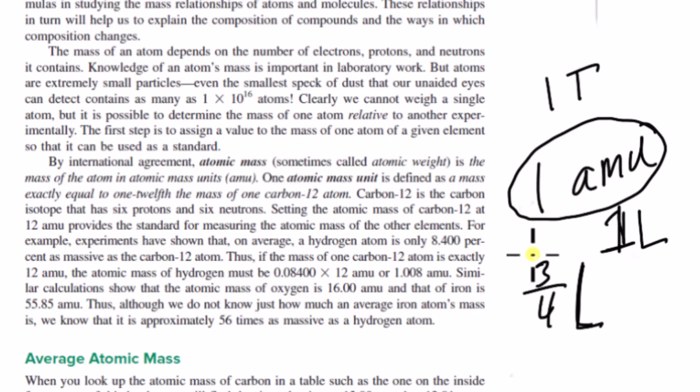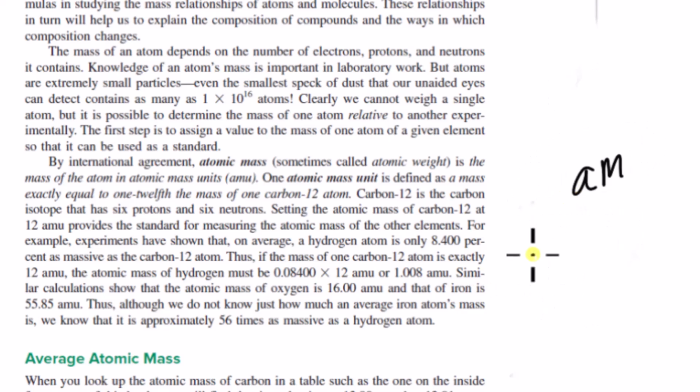Okay, so now it says here the unit for atomic masses by international agreement. Atomic mass is the mass of an atom, but we're really referring to any masses on that atomic-sized scale.